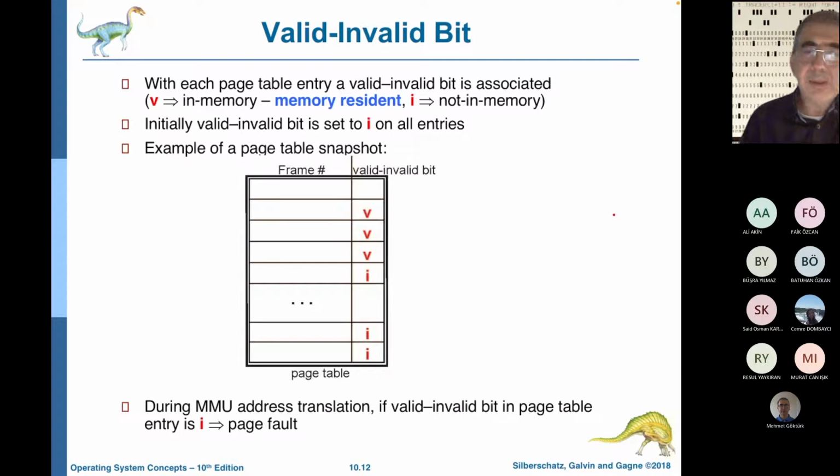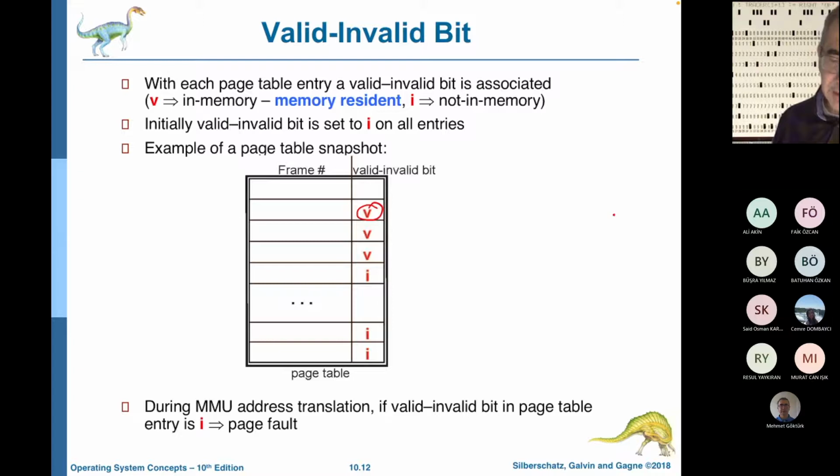Therefore, there is a valid-invalid bit. There is a valid-invalid bit in the page table. If the page is in memory, we have a bit, we say it is valid.